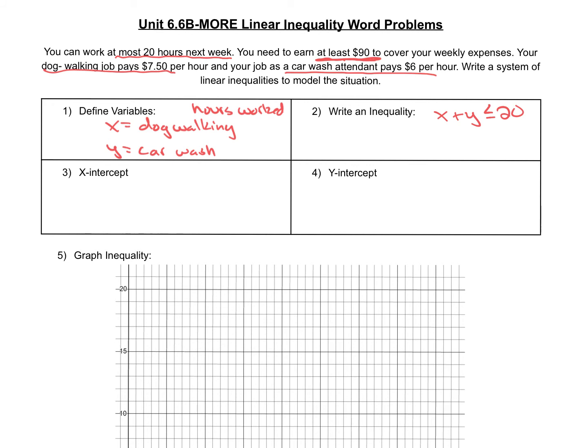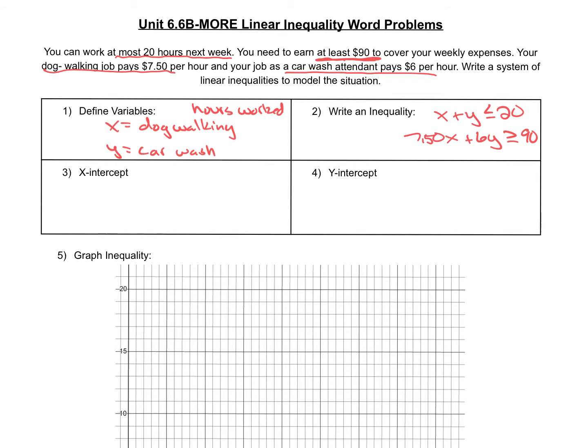So when we do our dog walking job, dog walking was $7.50 times our hours. Our car wash was $6 per hour of car washing. And if we want to make at least $90, we are looking at greater than or equal to 90.